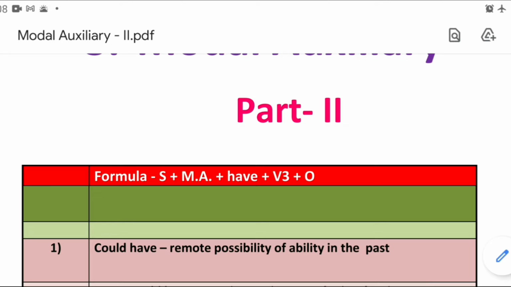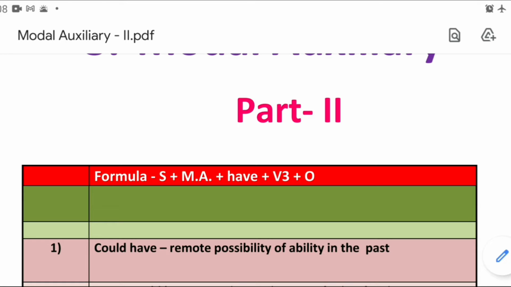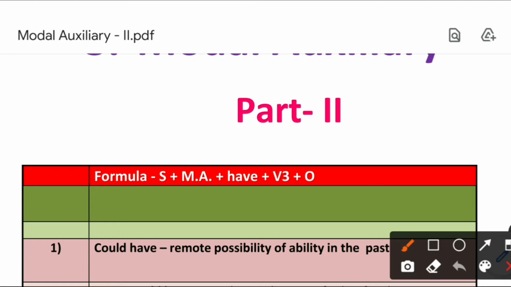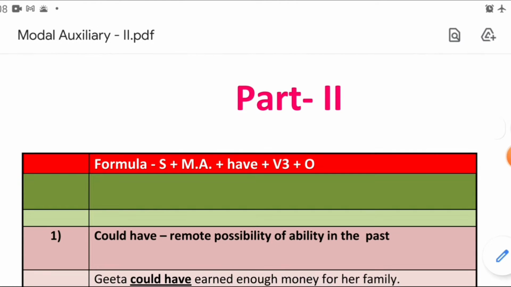The first one is can, which we do not use in this format. Don't use can in this format. But we use could have.